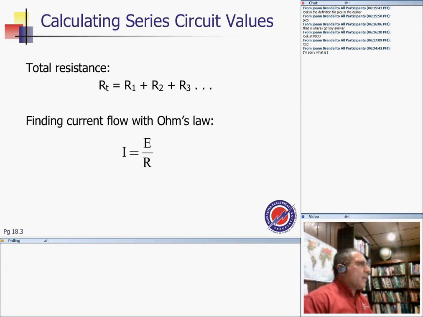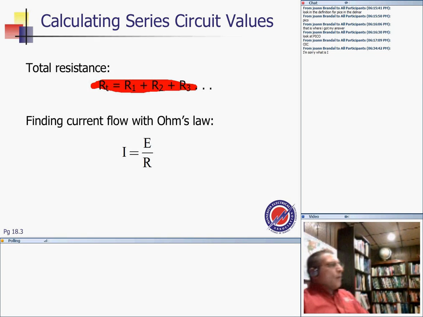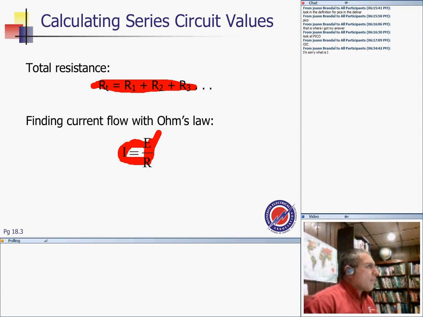Now, guys, there's a bunch of rules, and we'll show a little bit. Okay, total resistor, the same way. I'm going to go get my red. Total resistor equals the sum of all resistors. From Ohm's law, you can find the current for each one of these resistors.